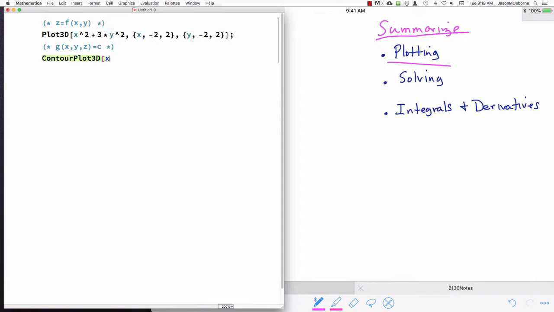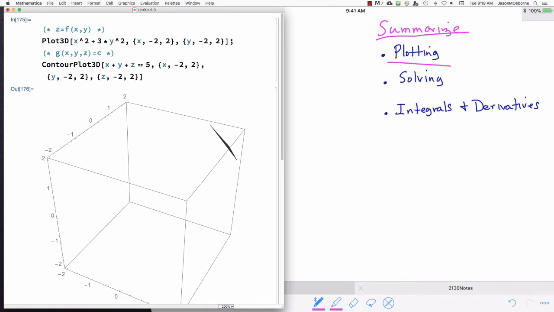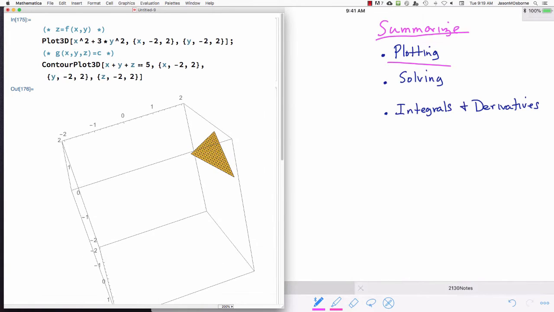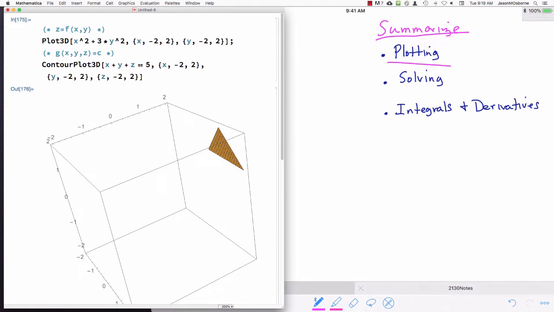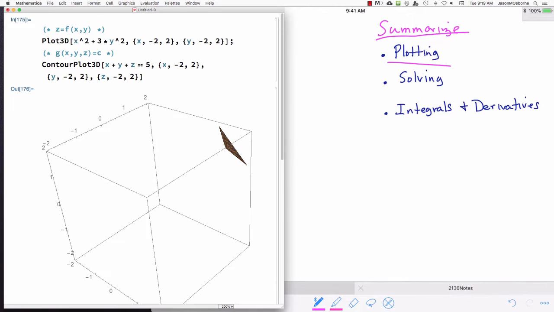Let's say that plots the plane x plus y plus z equal to 5, with x going from -2 to 2, y from -2 to 2, and z from -2 to 2. Now there's your contour plot. There's only a little part of the plane in this region, but there it is.